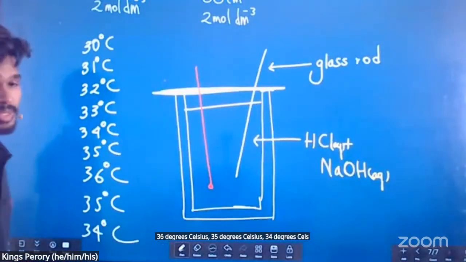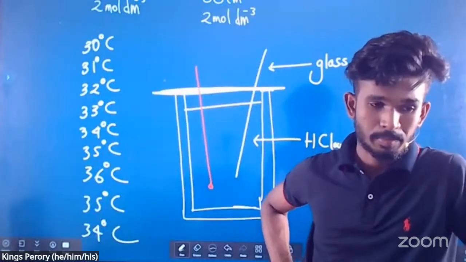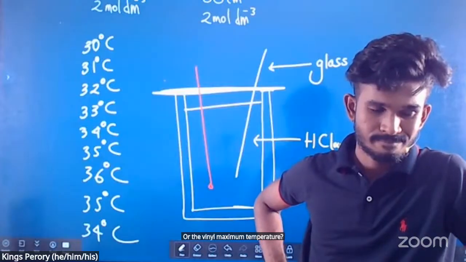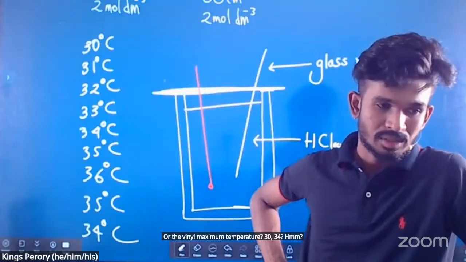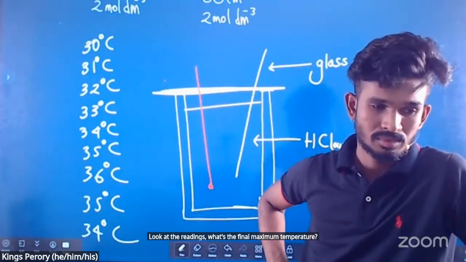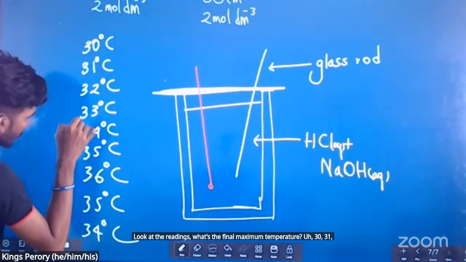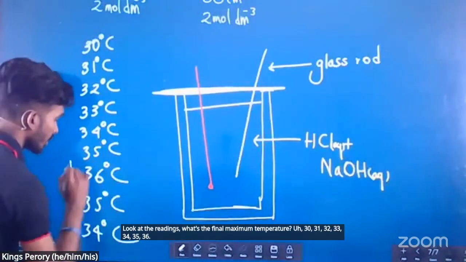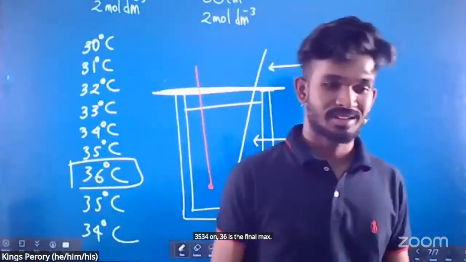What's the final maximum temperature? What is it, 34? Look at the readings. 30, 31, 32, 33, 34, 35, 36, then 35, 34. 36 is the final maximum.